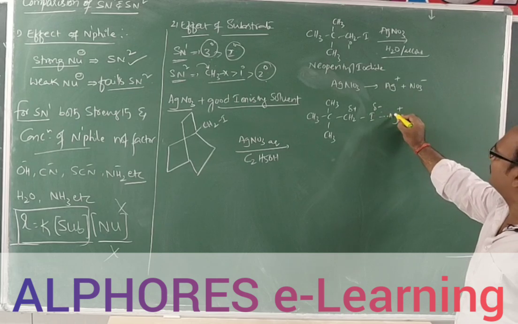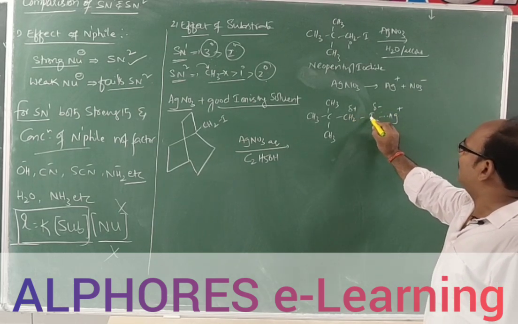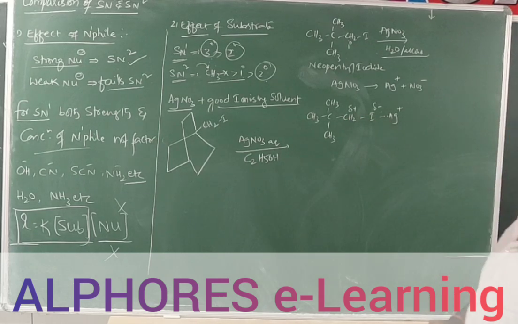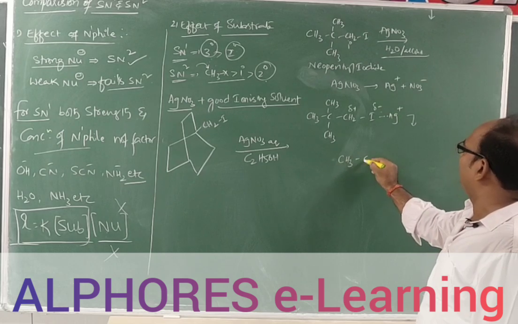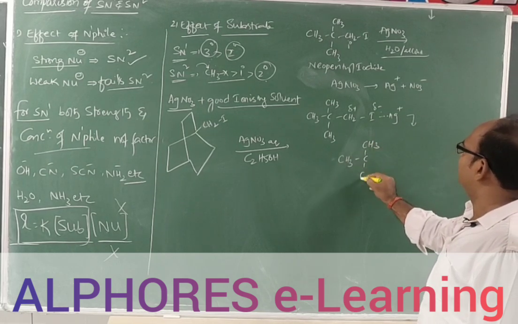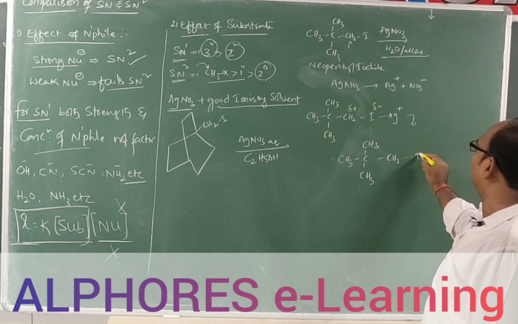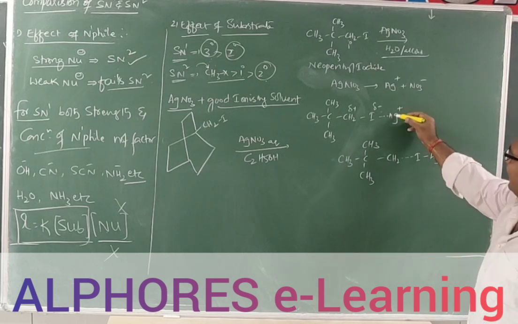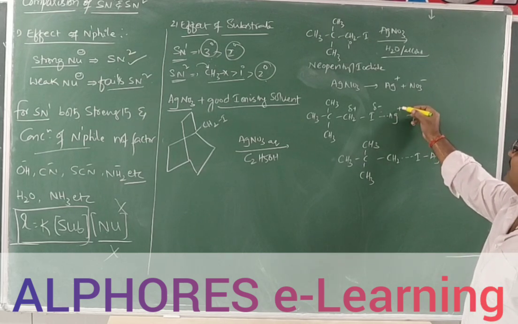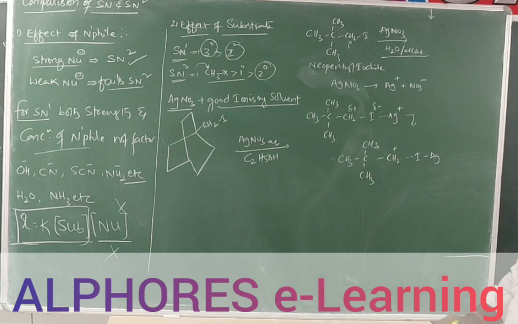Simultaneous to that, bond breaking takes place between this carbon and iodine. Here we have CH3, C, CH3, CH3, then CH2. This bond is going to break and this bond is going to form. The positive charge that was earlier on silver now approaches this carbon.